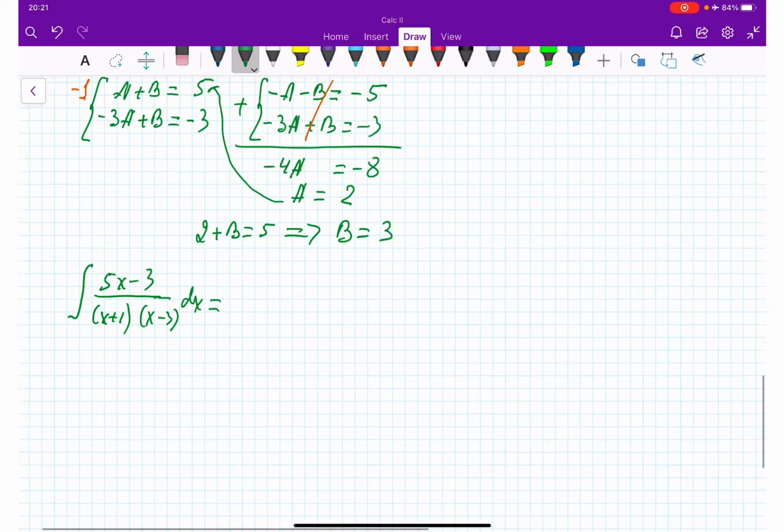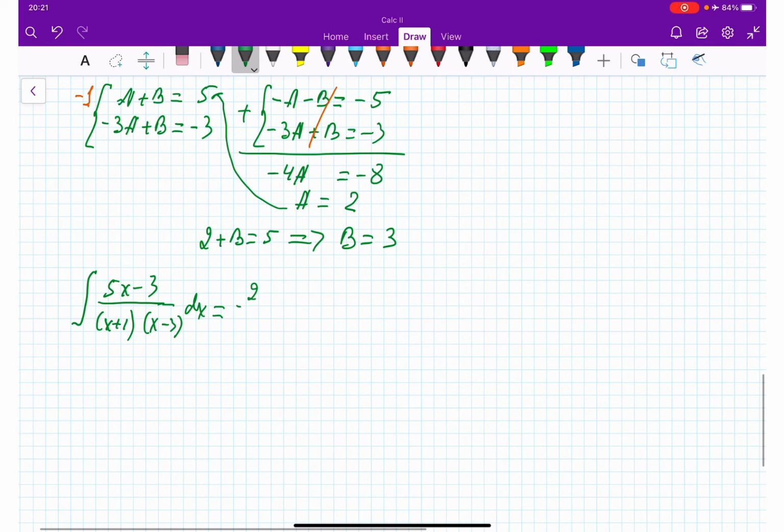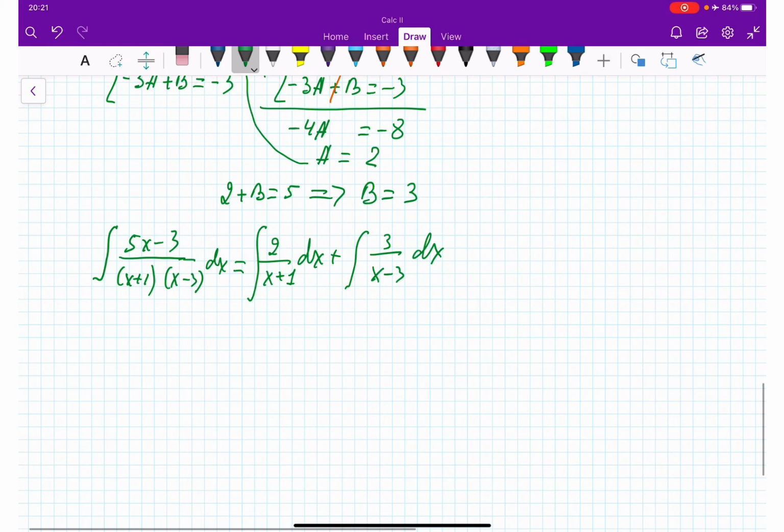It's going to be the integral of a, which is 2 over x plus 1, dx, plus the integral of 3 over x minus 3 dx. So from here, what do we get?